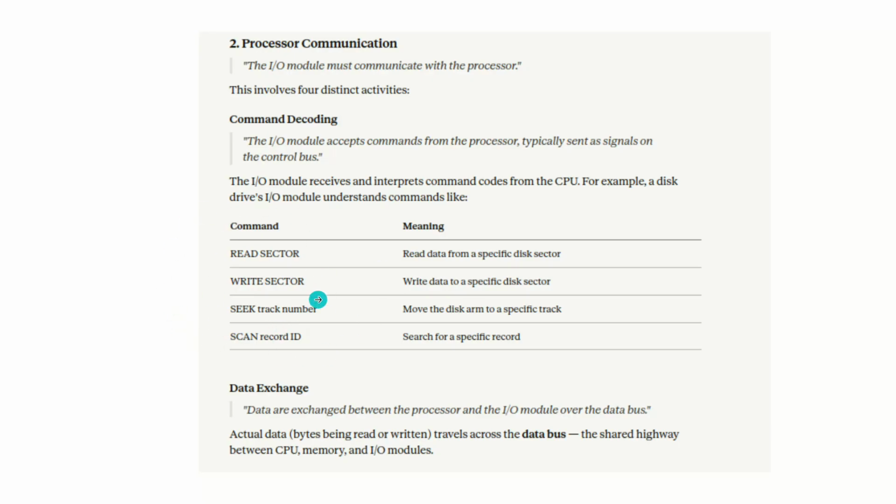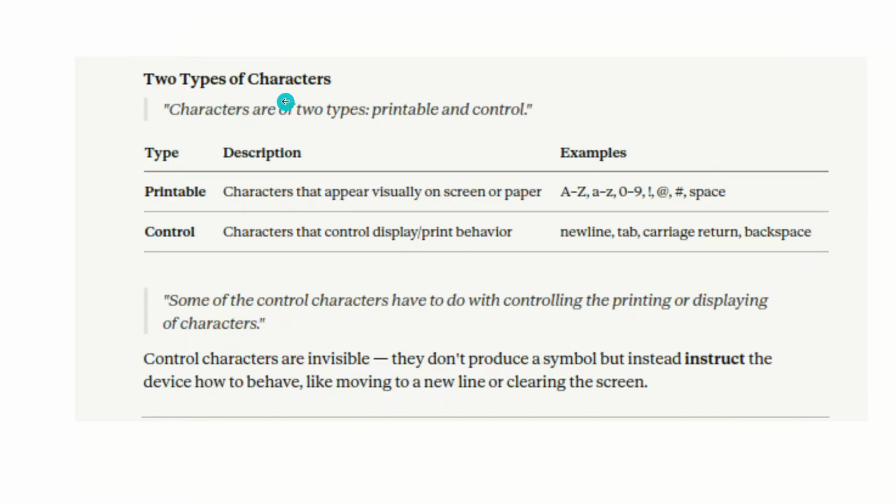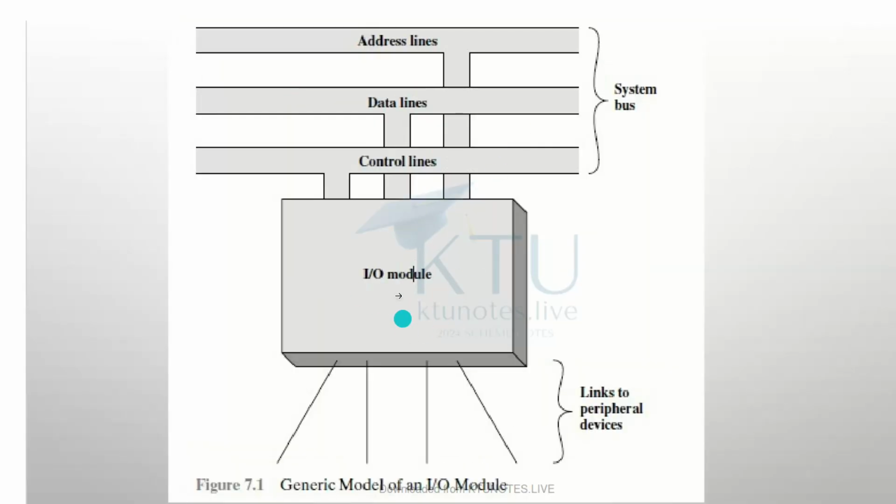So there are some commands which the CPU is giving. The IO module has to accept that command from the processor, interpret it, and decode it, and typically send a signal. How does this command come to the IO module from the processor?